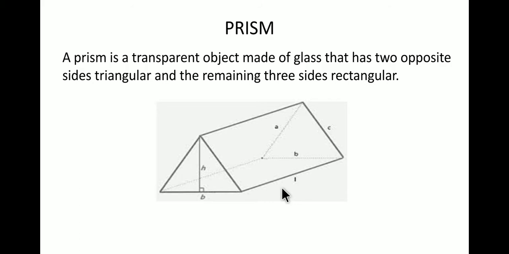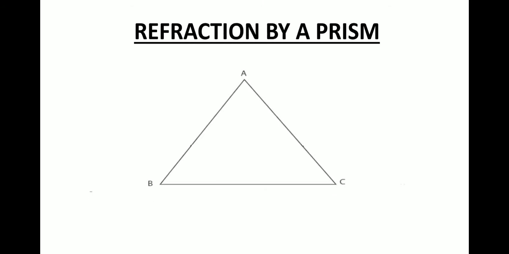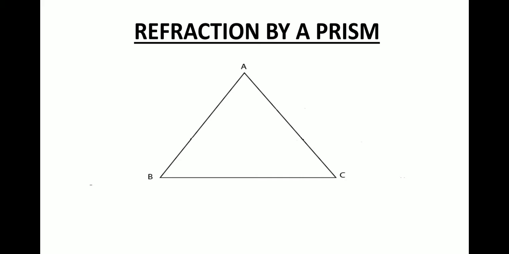When the light passes through this kind of prism, what happens? Let's take the triangular prism, and let's say there's an incident ray OL. From this point, the light is supposed to travel in this path.